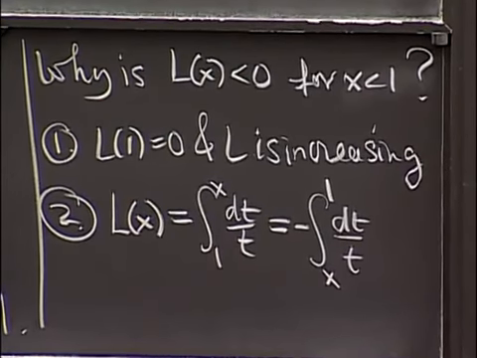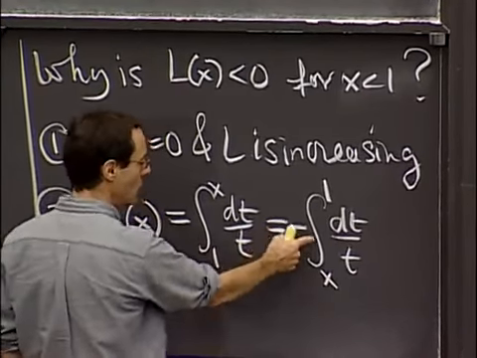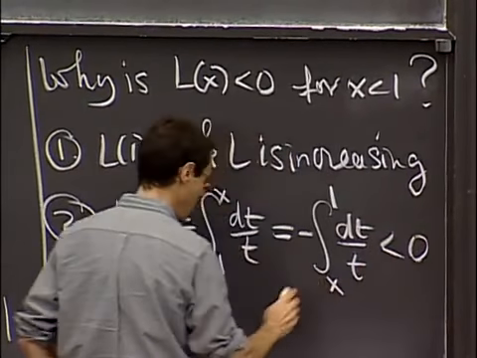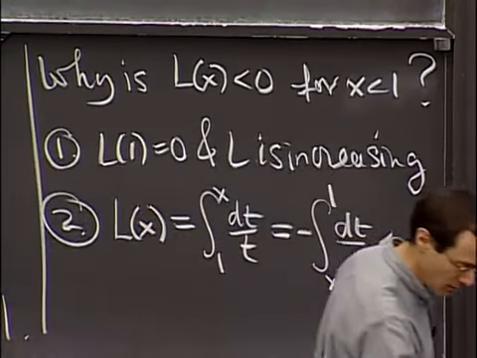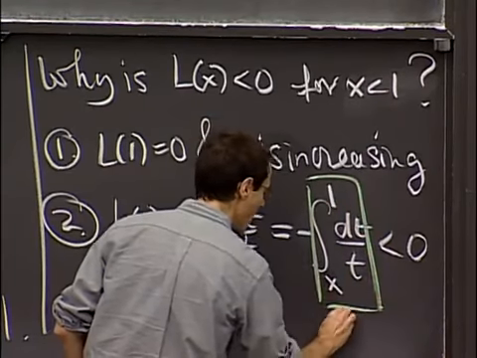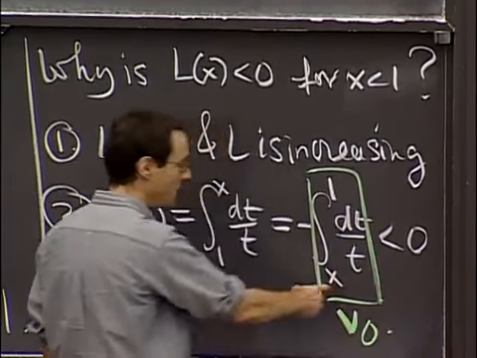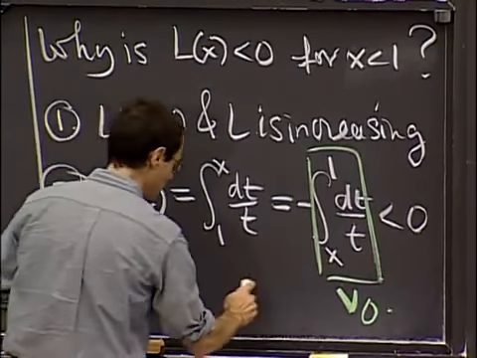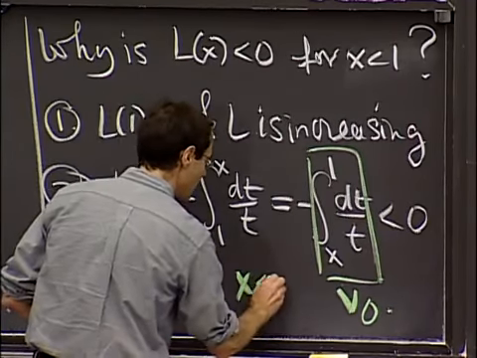All right? Now, I can tell that this quantity is negative, and the reason that I can tell is that this chunk of it here, this piece of it, is a positive number. Right? This part is positive. And this part is positive because x is less than 1.